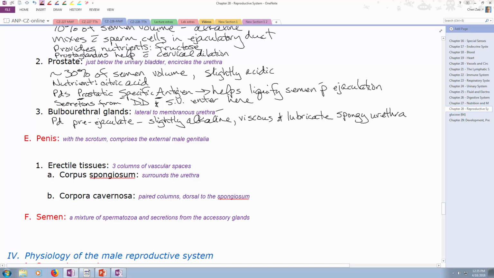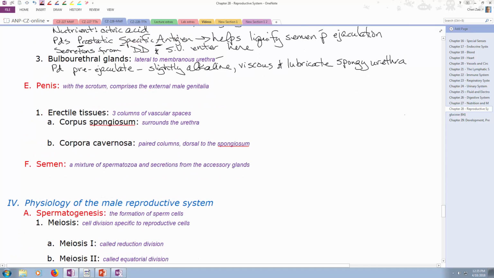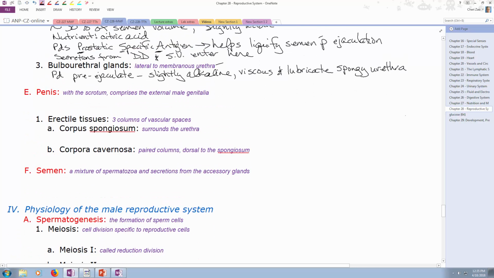Then the anatomy of the penis. The external genitalia are the scrotum and the penis. With the penis, we have an area that's attached to the body, called the root or the crus of the penis.